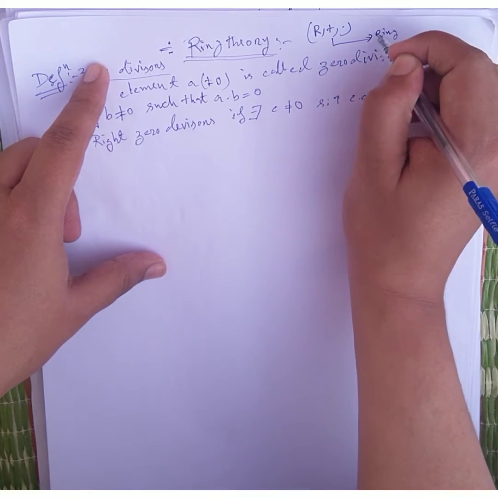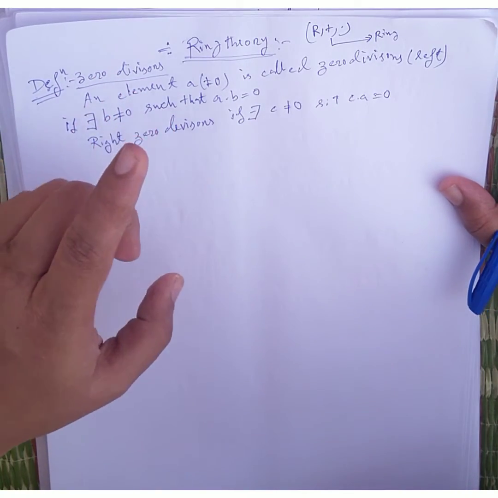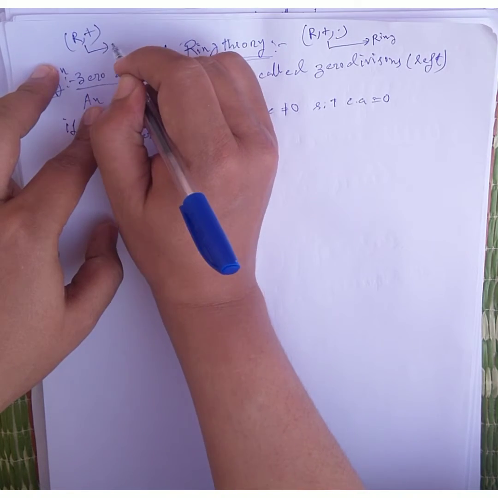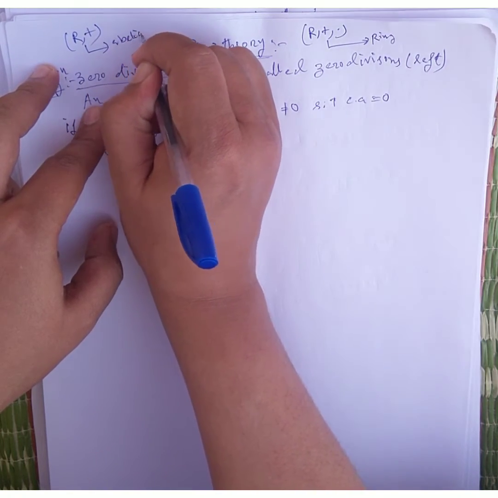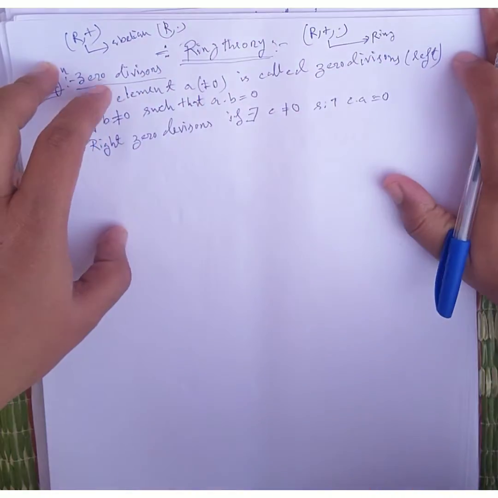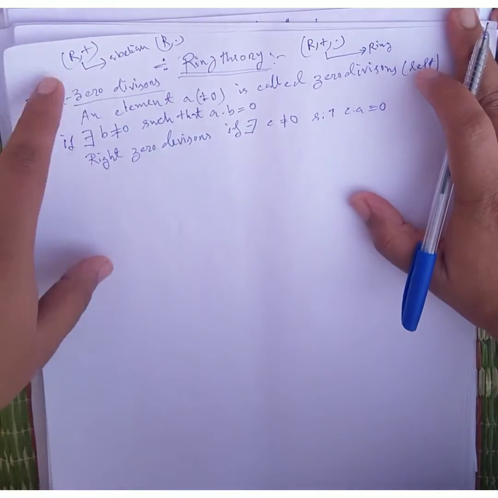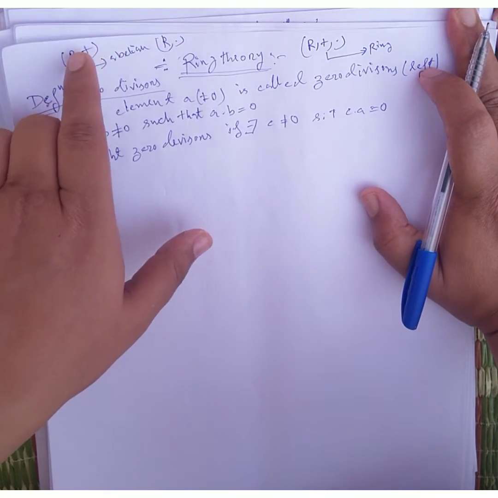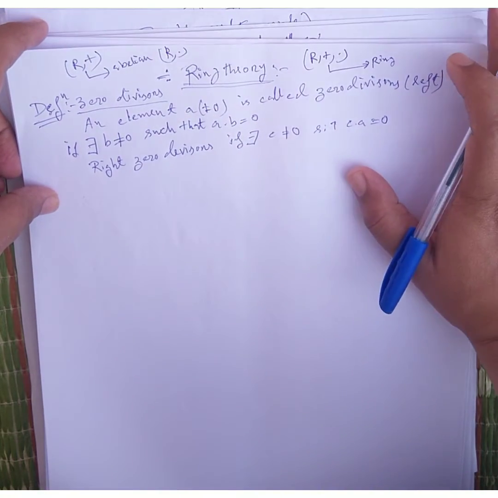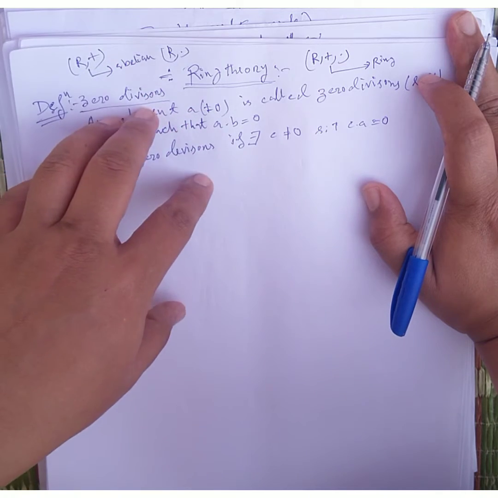When (R, +) is an abelian group, and (R, ·) is a semigroup, and the distributive property holds, then it is a ring. Then (R, +, ·) is called a ring.